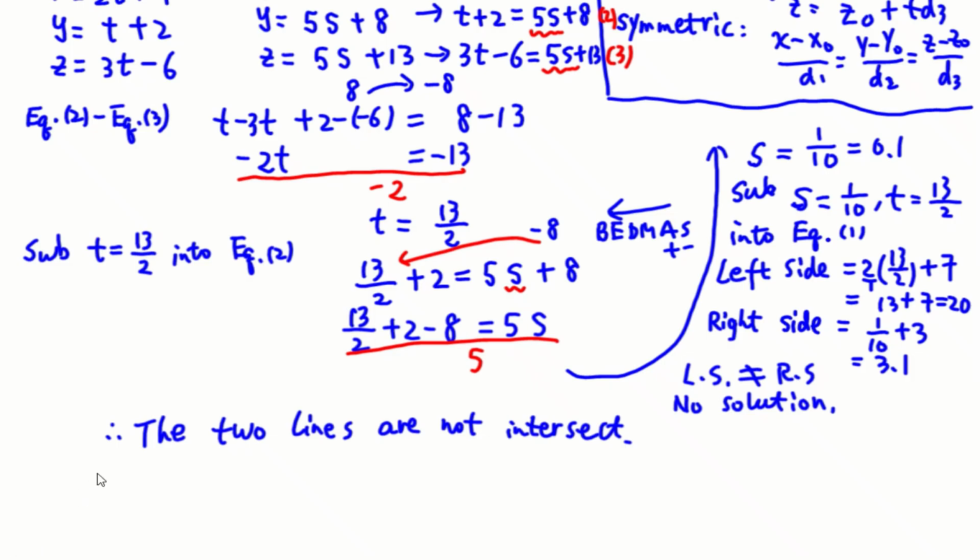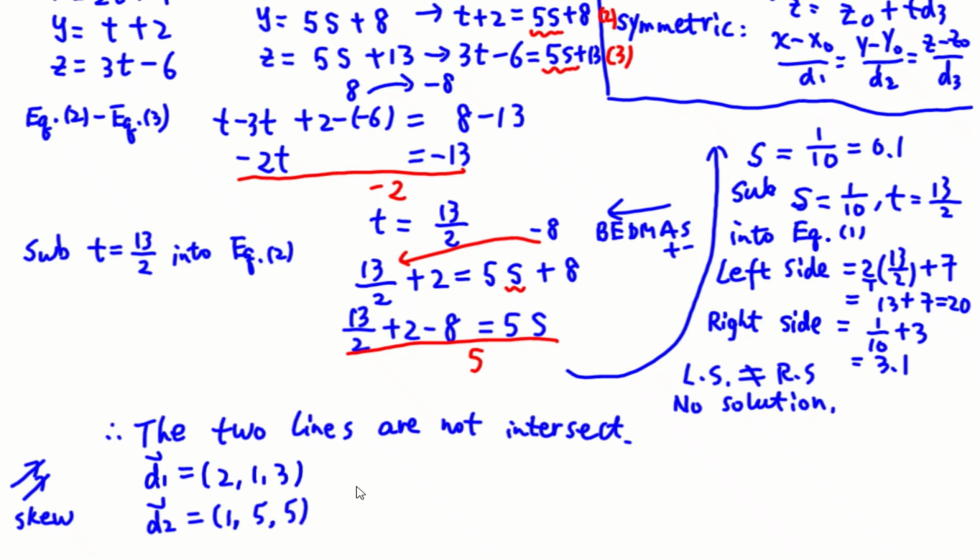And we are going to see if they are parallel or skew. So we have known that D1 is (2, 1, 3) and D2 is (1, 5, 5). They are not multiples. For D1, we are not able to find a number at the front times D2.